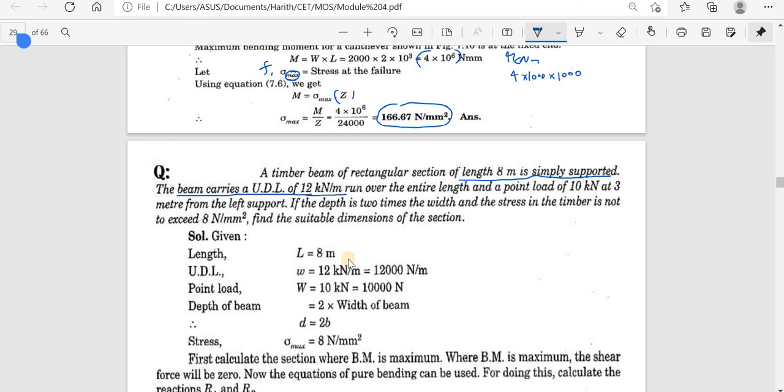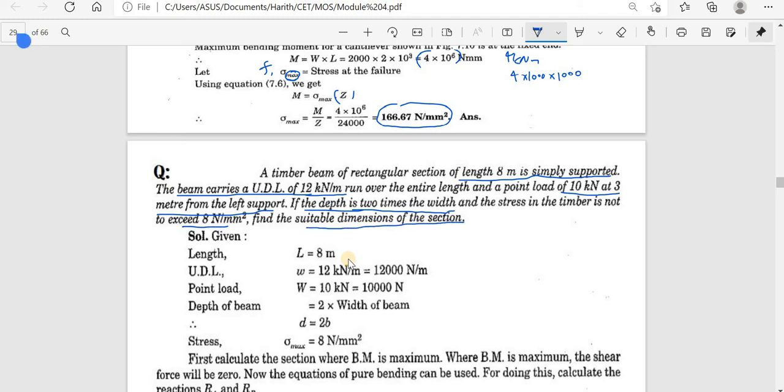Then a point load of 10 kilonewton is acting at 3 meter from the left support. If the depth is 2 times the width, and the stress in the timber does not exceed 8 Newton per mm square, find out the suitable dimension.